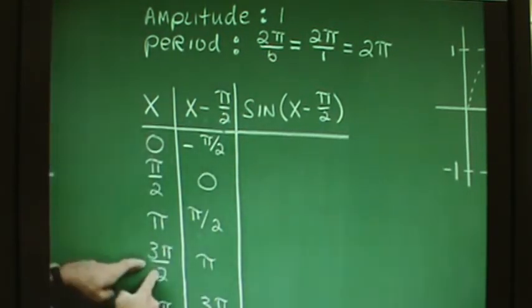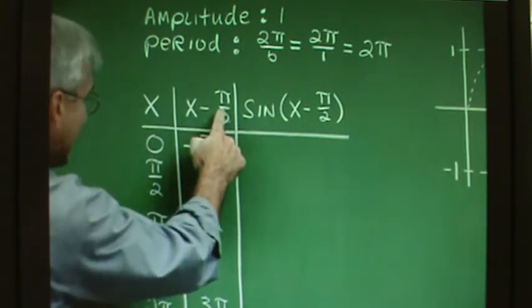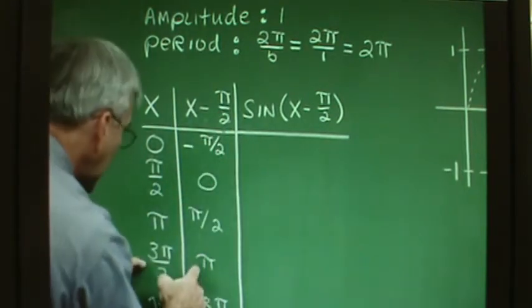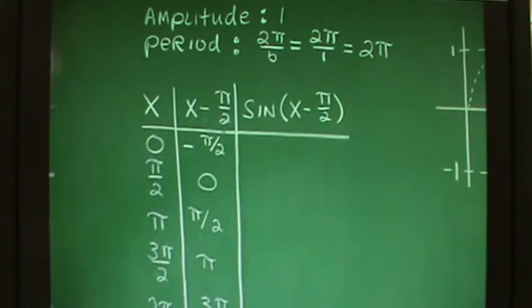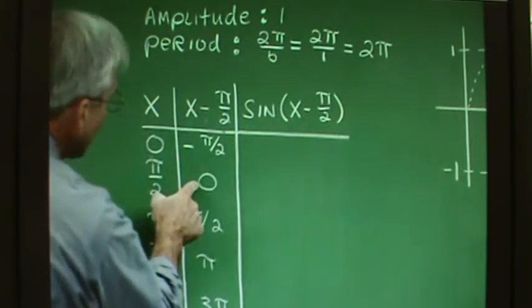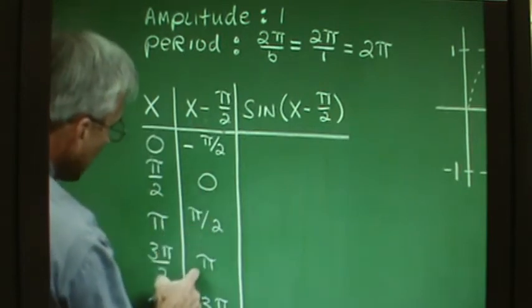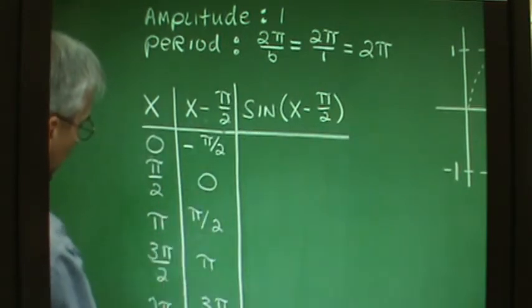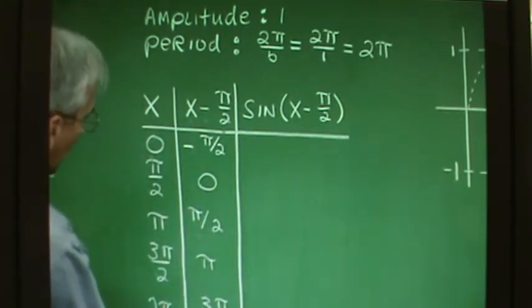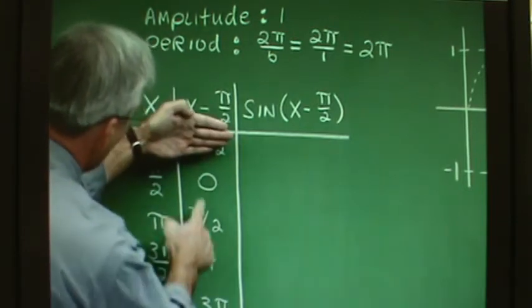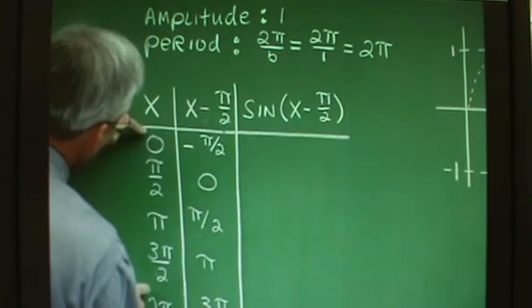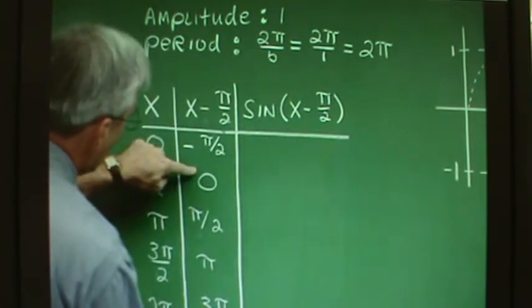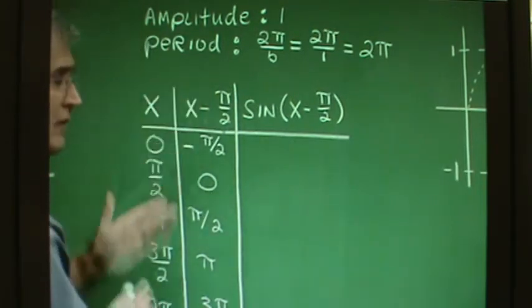Then 3 pi over 2 minus pi over 2 is 2 pi over 2, which is pi. And then 2 pi minus pi over 2 is 3 pi over 2. Now, notice these values in here that look so familiar from our work before. These are the primary points that we used in the x column before. You see, they're just these values right up here. And no wonder, because of this subtraction of pi over 2.